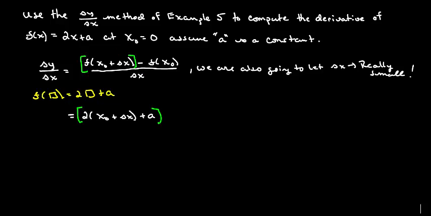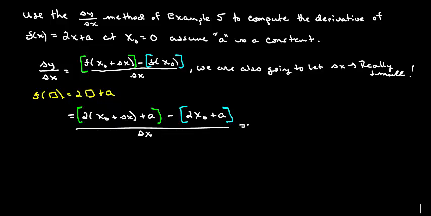Now we need to subtract off f at x naught, which is 2x naught plus a. And that is here. And then we're going to divide by delta x.